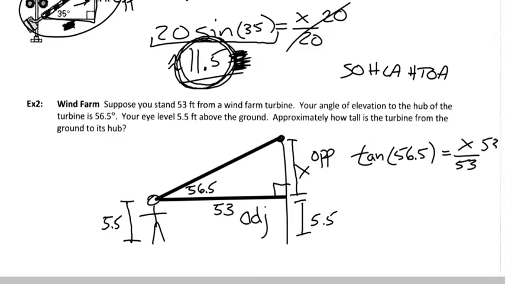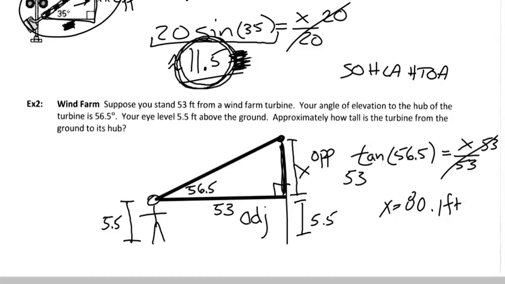We will then solve, multiplying by 53 and 53. Pop that in your calculator. 53 times tangent of 56.5 degrees. Enter, and that gives you x equals approximately 80.1 feet.